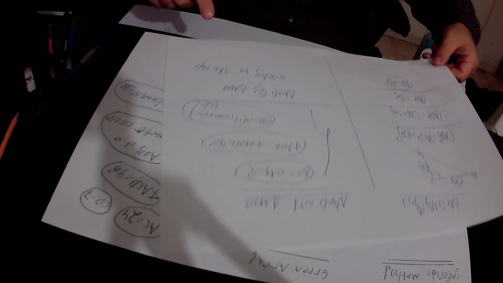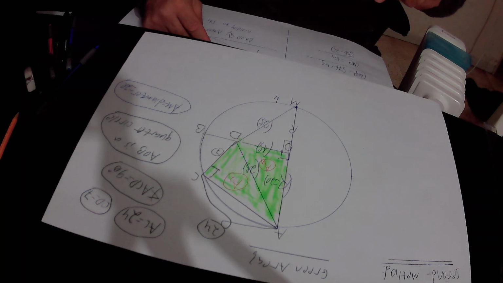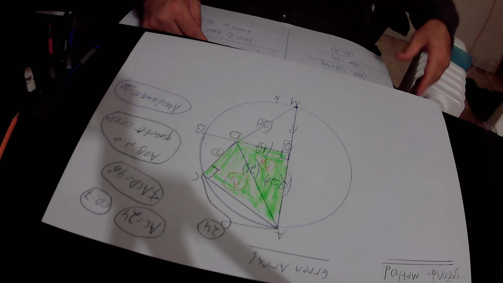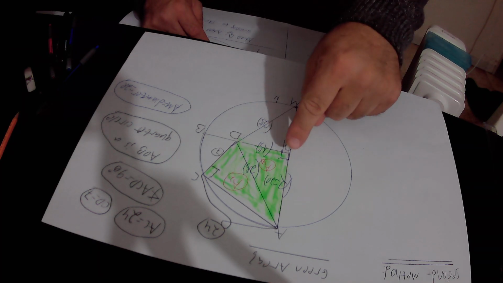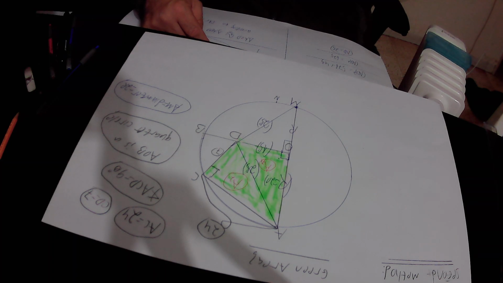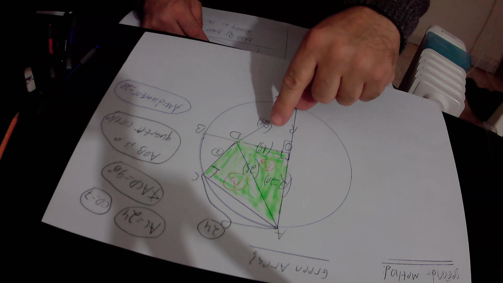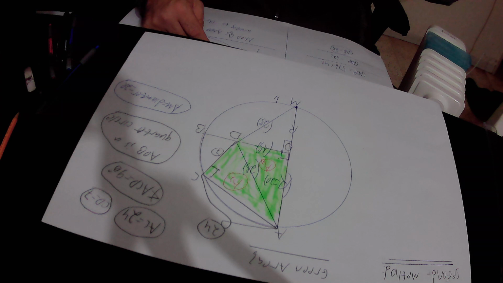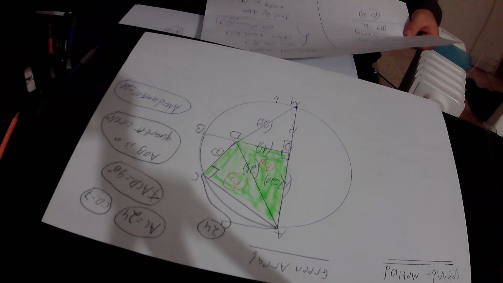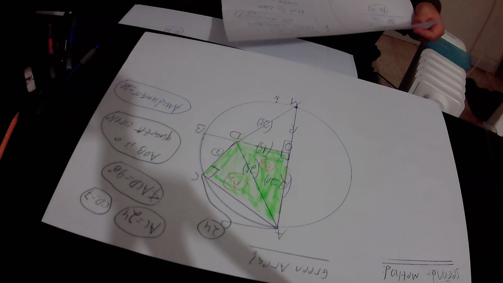So we actually proved that the green triangle is congruent to the white triangle according to the side-angle-side rule. Those two sides and the angle between them in the green triangle are correspondingly congruent to those two sides and the angle between them in the white triangle. Therefore those two right triangles are congruent according to the side-angle-side rule.